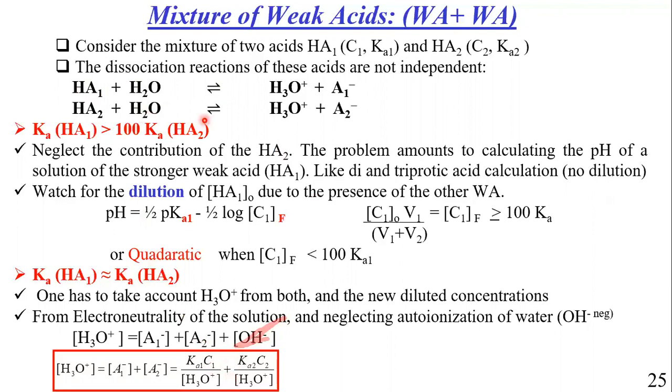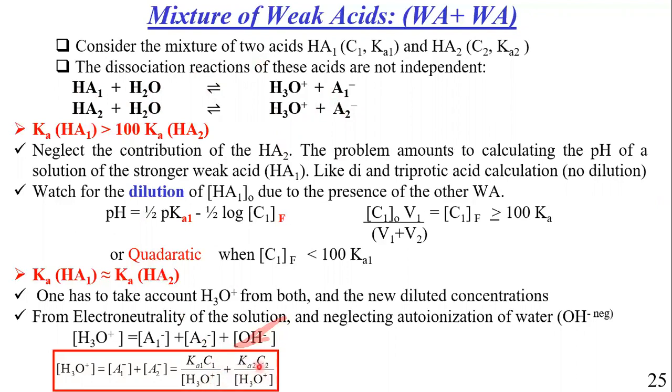Likewise, let's look at the second equation. Ka2 for this one will be products divided by reactants, okay? And solve now for A2 minus. With the same reasoning, we consider that x is negligible, that the HA2 concentration at equilibrium is simply equal to its concentration in solution without dissociation further.